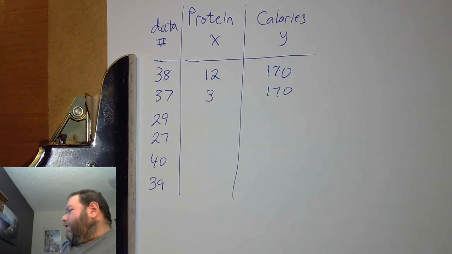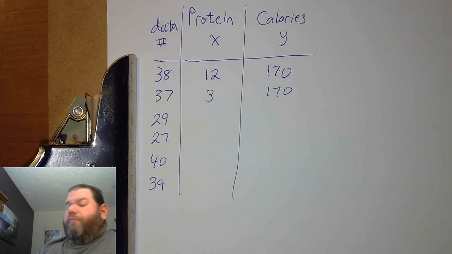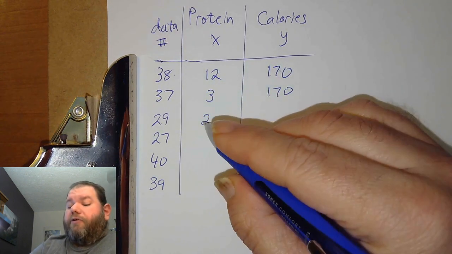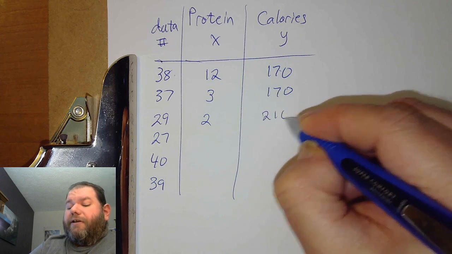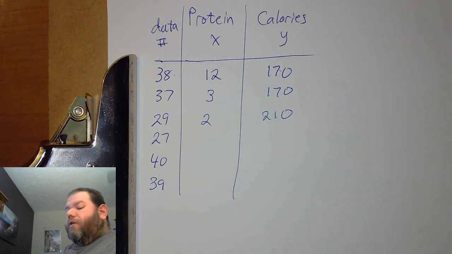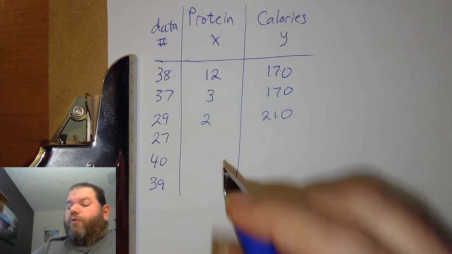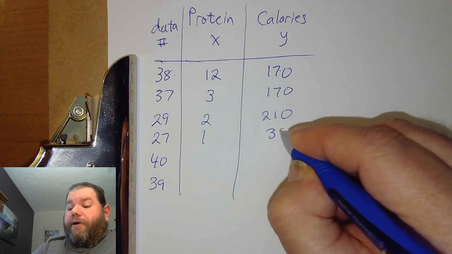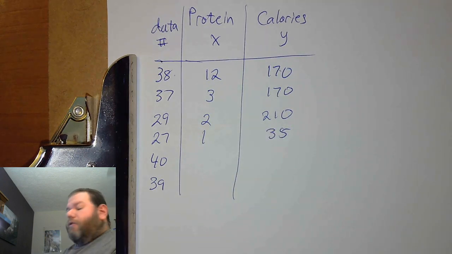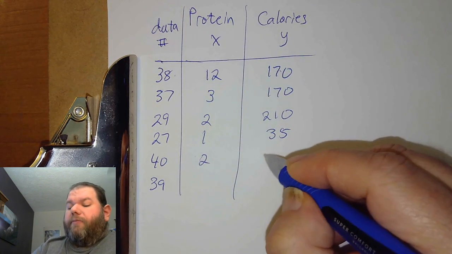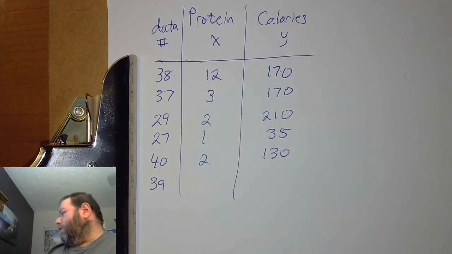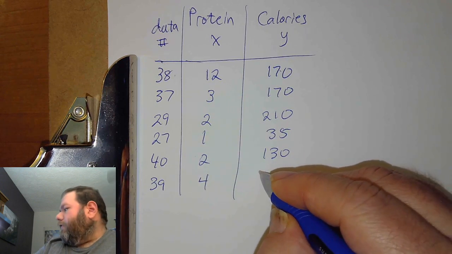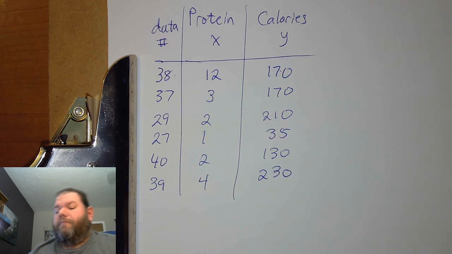Number 29 had 2 grams of protein and 210 calories. 27 had 1 gram protein and 35 calories. 40 had 2 grams and 130 calories, and 39 had 4 grams and 230 calories.